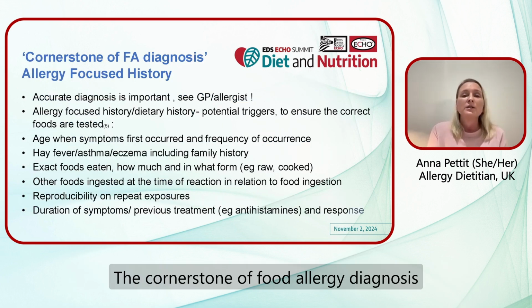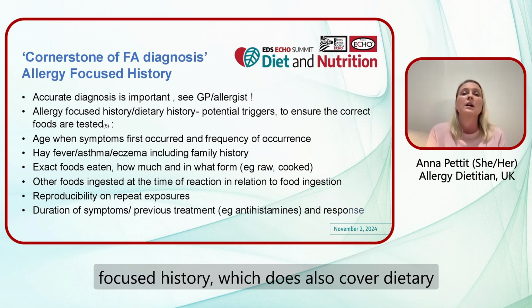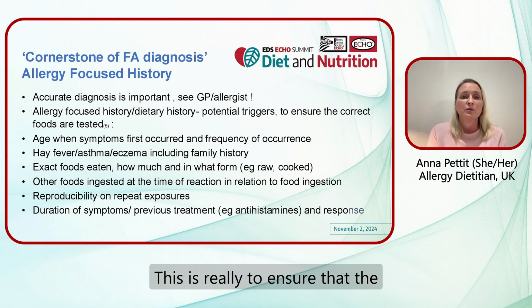So the cornerstone of food allergy diagnosis really lies within a very thorough allergy-focused history, which does also cover dietary history. So potential triggers are explored. This is really to ensure that the correct foods are being tested for.